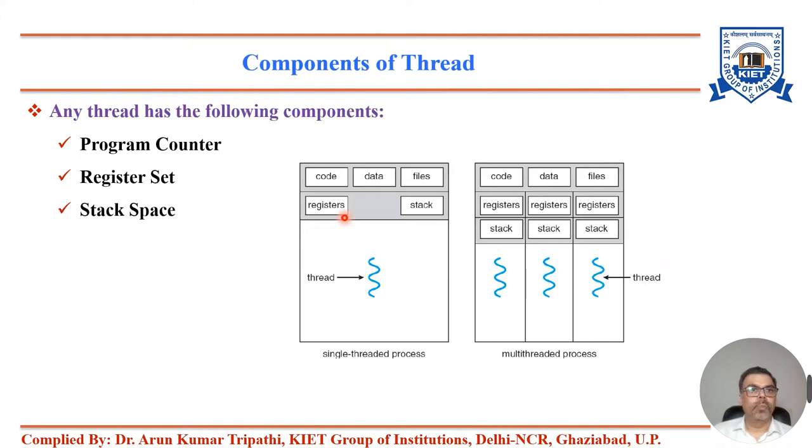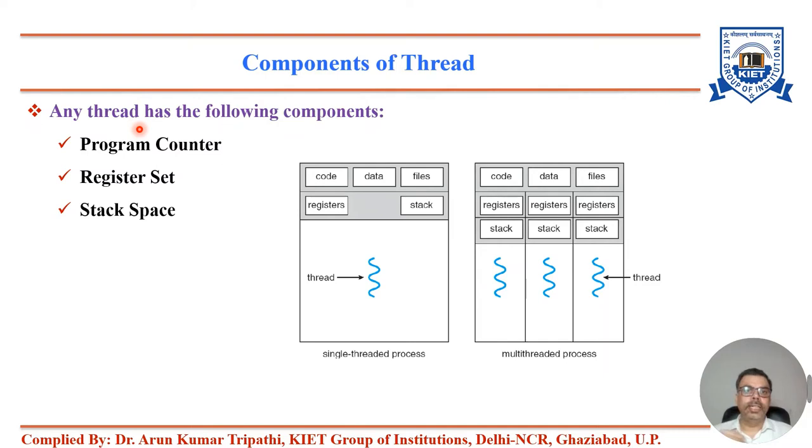Thread components. Thread basically contains three basic components: program counter, register set, and stack space. So these are the three basic components. Here we have seen shown basically the stack and registers. The program counter contains the address of the next instruction which is going to execute.